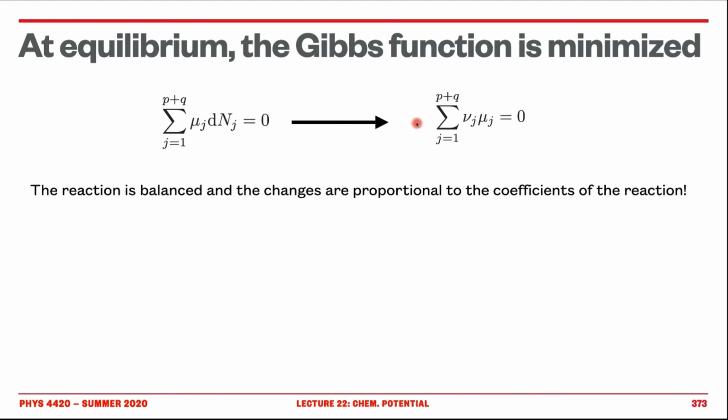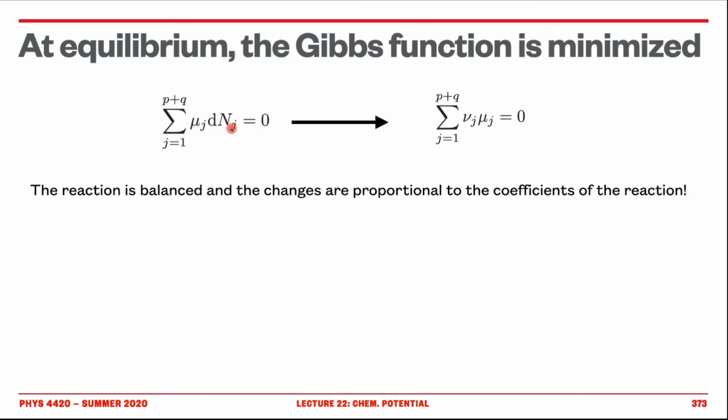And that means now that at the same time, if you remember how we've worked things out, we can write this. Let's take a second for you to understand how we go from here to here. It doesn't seem so obvious, but it's actually not too complicated. Mu_J is the same on both sides. There's nothing to understand there. Now, remember that we have a chemical reaction, and this dN_J is how many particles you change of type J, either a reactant or a product.